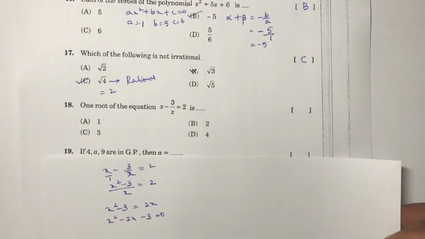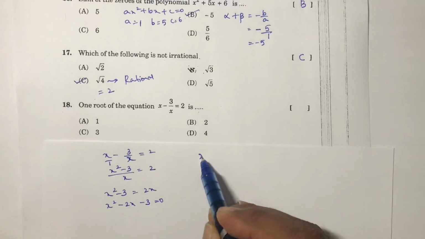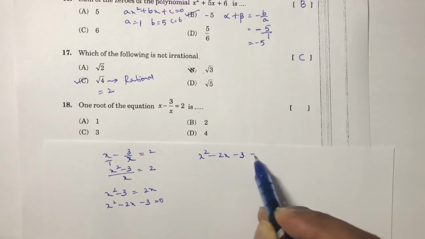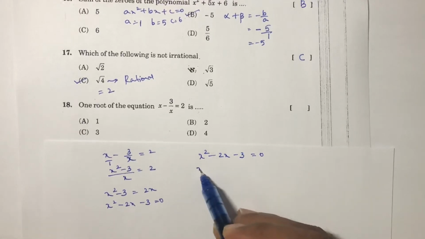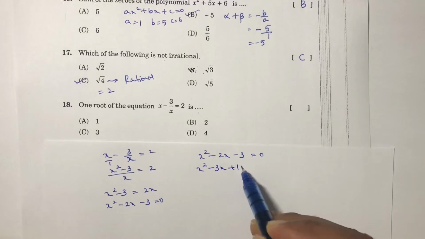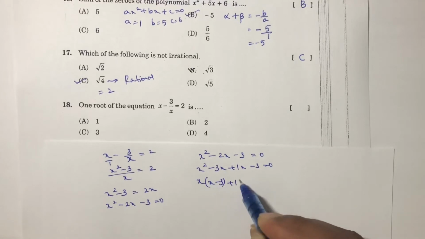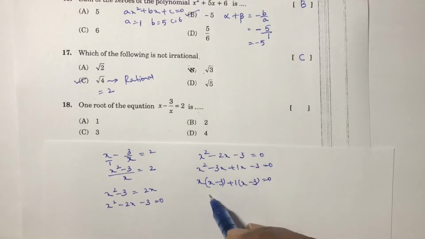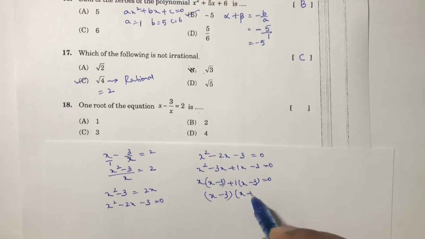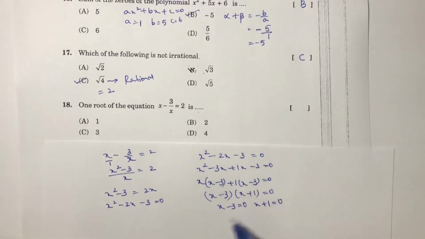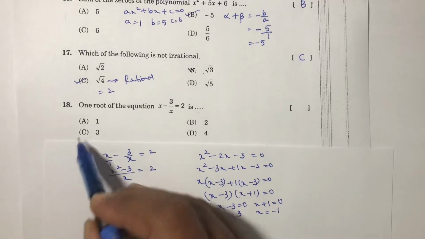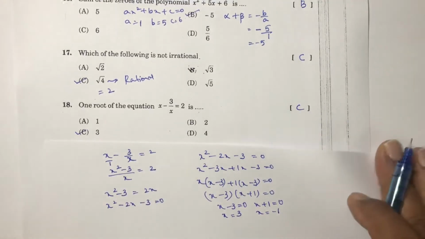Factorizing: x square minus 3x plus 1x minus 3 equals 0. Taking x common and 1 common, x minus 3 into x plus 1 equals 0. So x equals 3 or x equals minus 1. We don't have minus 1 in the options, so x equals 3 is the correct answer. The correct option is C.